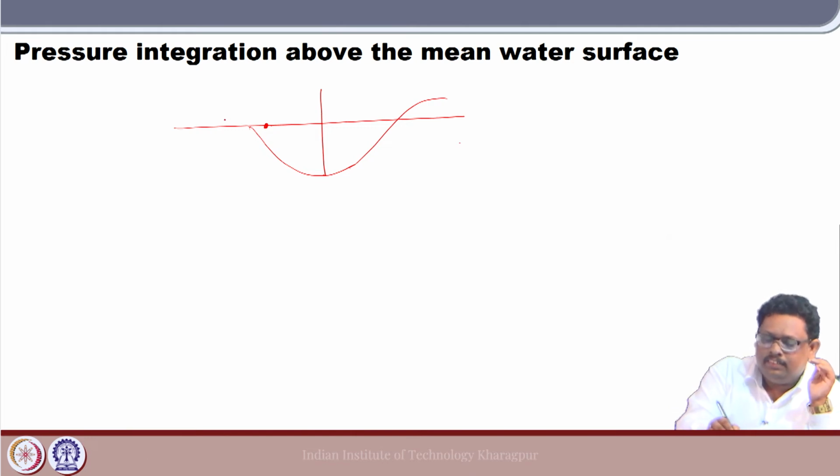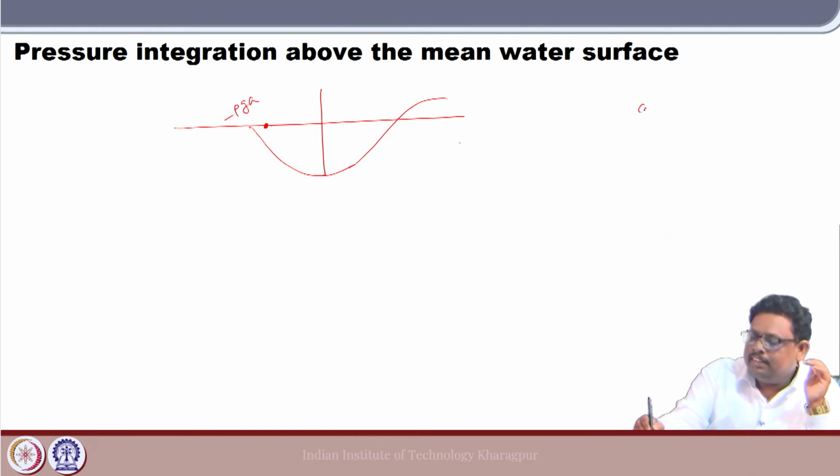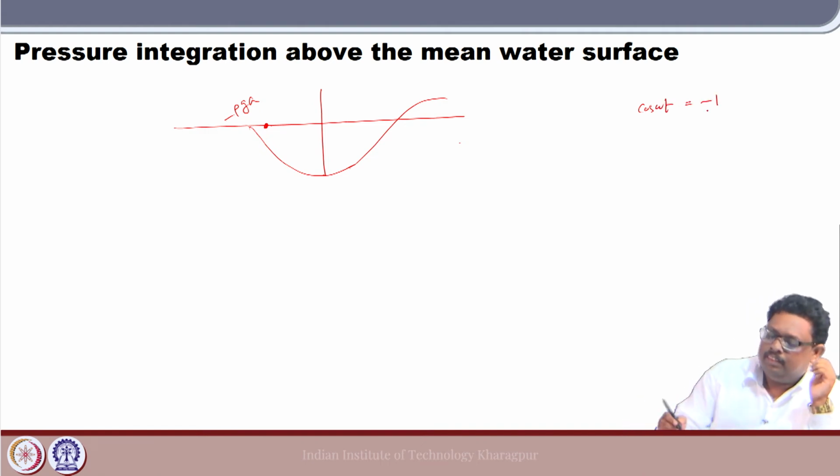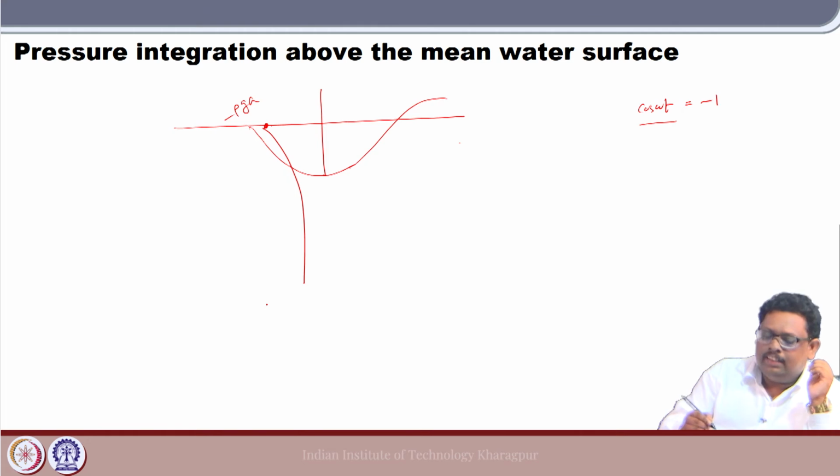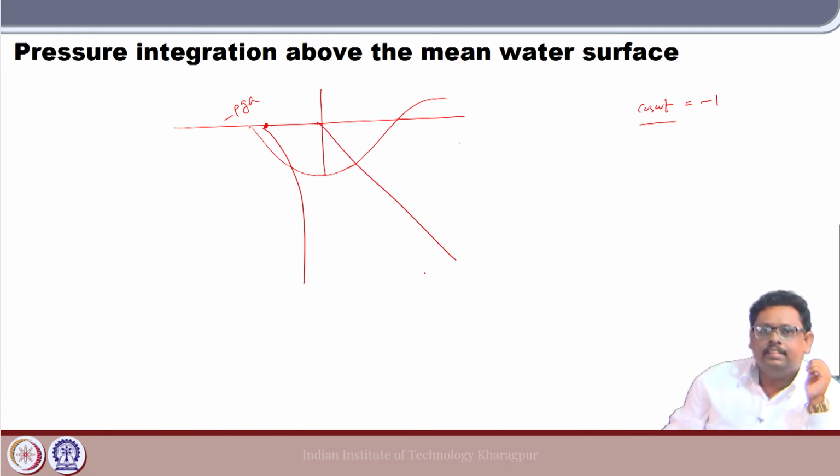Why is it minus rho g a? Because at the crest cos omega t equals plus 1, and in the case of a trough cos omega t equals minus 1. It goes down exponentially, and in the hydrostatic case it is linear like this.